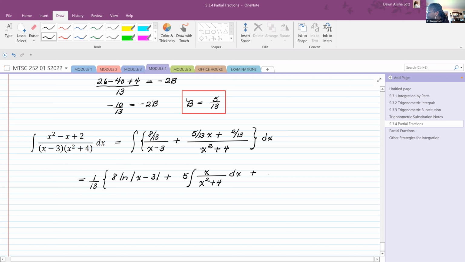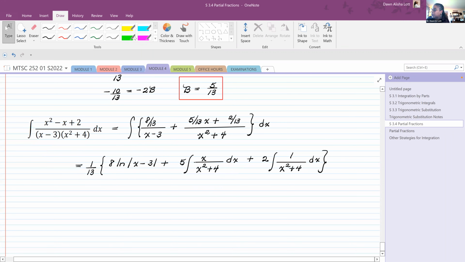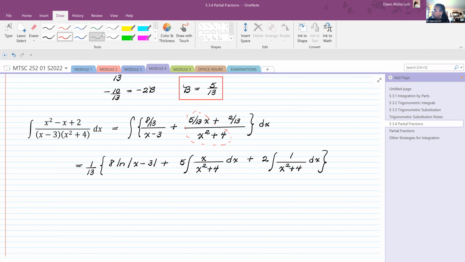And we still have left 2 times the integral of 1 over x squared plus 4 dx. So we break the last 2 terms up. All right, so we break it up so that we have this integral, and then we have this integral. So let's break it up.